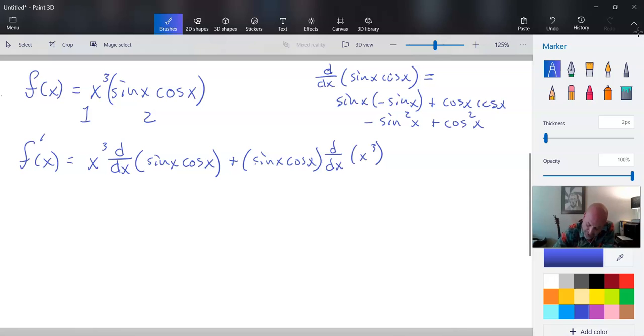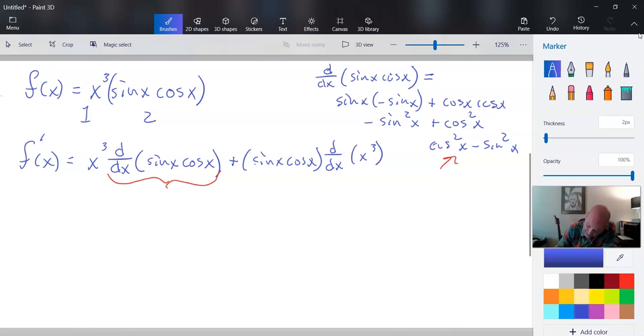Now, there are some identities for this: cosine squared x minus sine squared x. We may or may not need them. I'm just going to leave it in this form for the moment, because I know this piece is equal to this, so I'm just going to write it in.